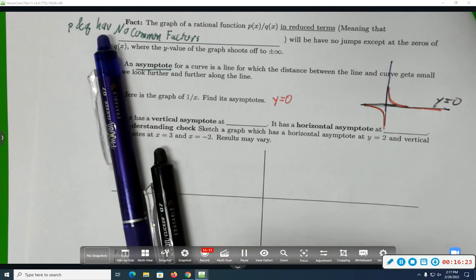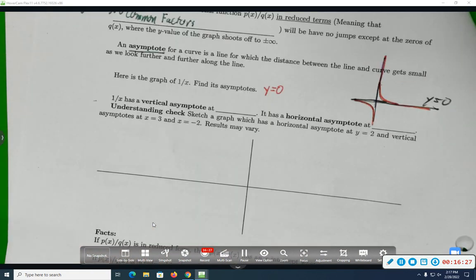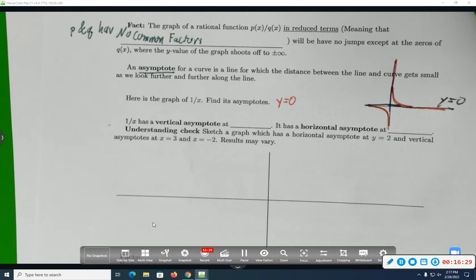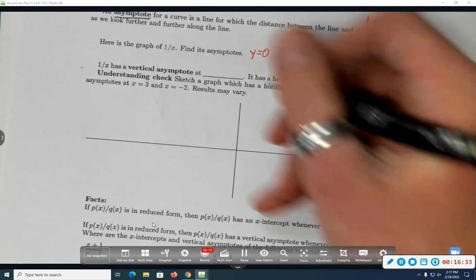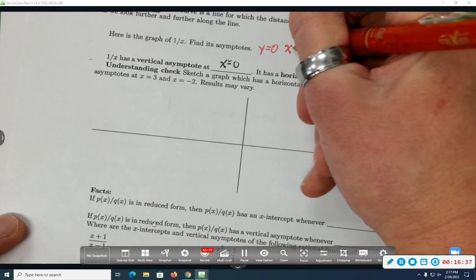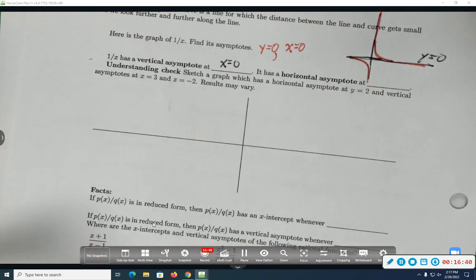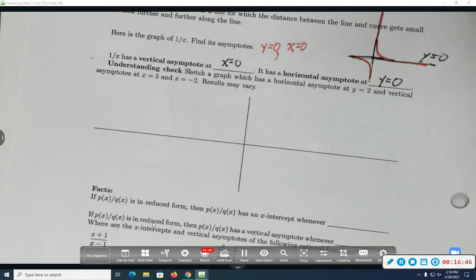If I take really small y values, that graph gets very close to that line. So this graph has a vertical asymptote at the one of those two lines that's vertical. It has a horizontal asymptote at the one of those two lines that's horizontal. Nice. People feel pretty good?